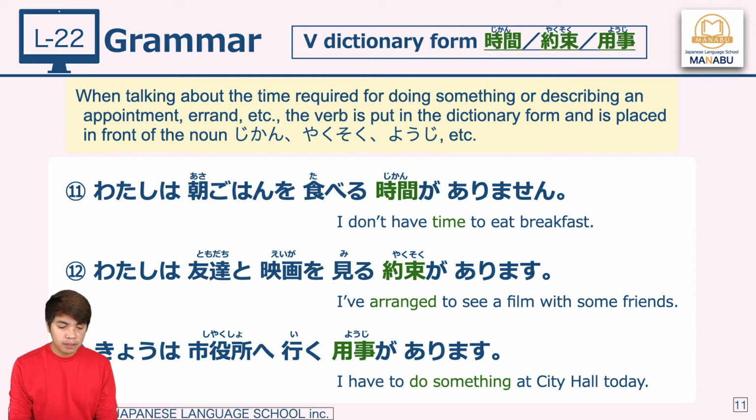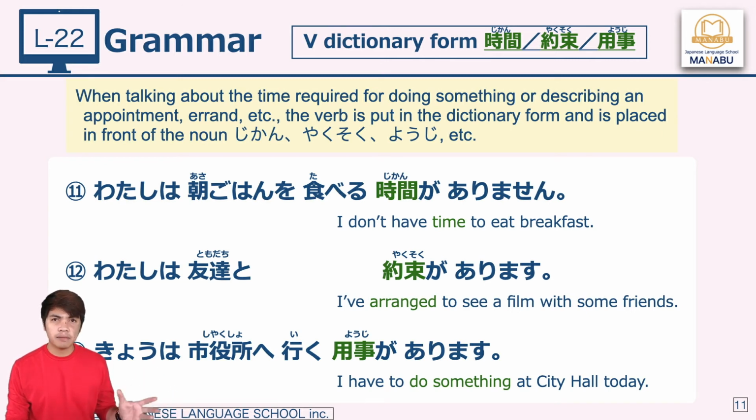Next example. Watashi wa tomodachi to eiga o miru yakusoku ga arimasu. Now to simplify this sentence, watashi wa yakusoku ga arimasu. I have an appointment or I have a promise to someone. So watashi wa tomodachi to yakusoku ga arimasu.